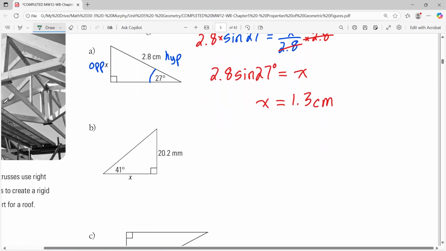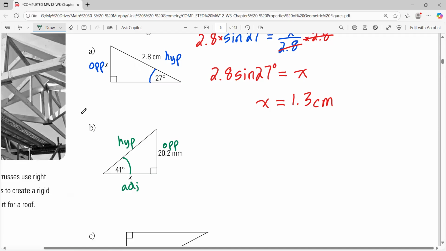Next equation. First, check. Is it a right angle triangle? Yes. We got 90 degree. I got hypotenuse. There's nothing there though. Okay. There's my angle. So this is opposite. And then our unknown is adjacent. So the two that we have are opposite and adjacent.